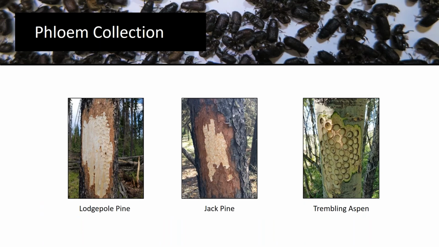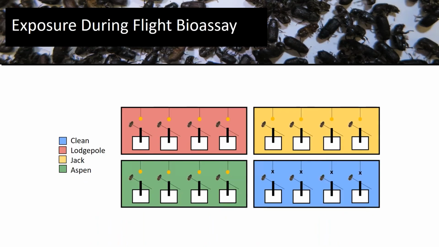Kelsey collected phloem discs of each species from the respective tree species and then transported the phloem discs back to the lab in liquid nitrogen, where they were held at -80 until used in bioassays. So this is how the setup looked. In our flight mill room, the flight mills were grouped into groups of 4 mills, and those mills were enclosed with an inert material.